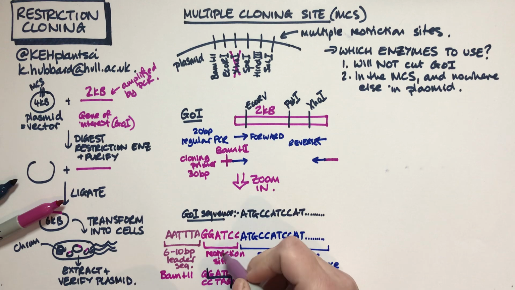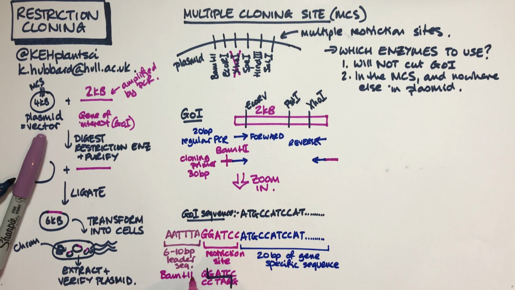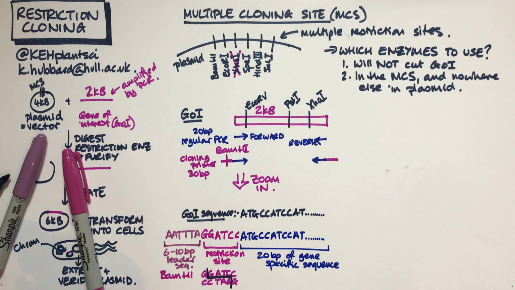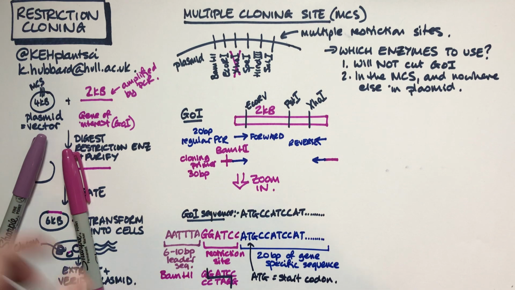We've then got our restriction site, which in this case is BamHI, and then we've got our gene of interest. And you usually want to make sure that you start with an ATG because that is a start codon there. So that will ensure that your gene of interest can be translated.